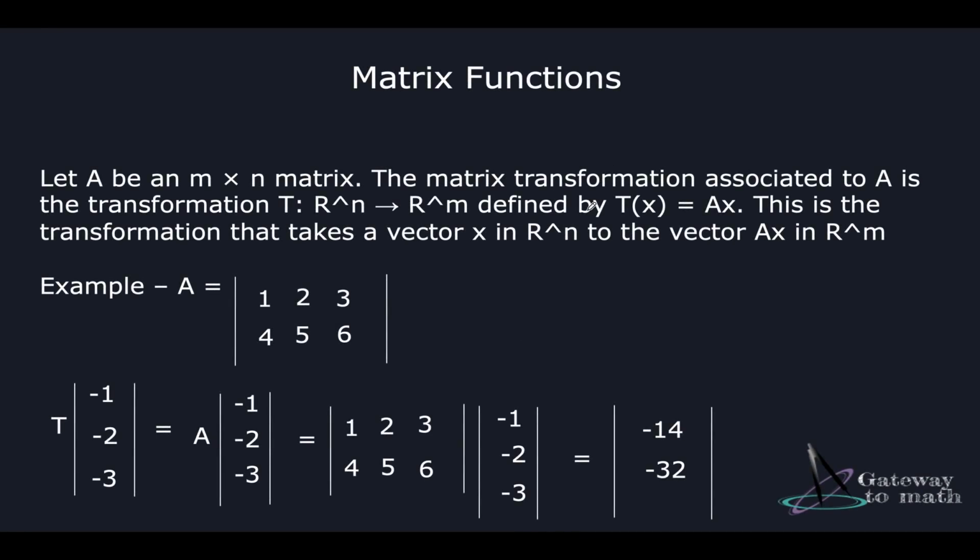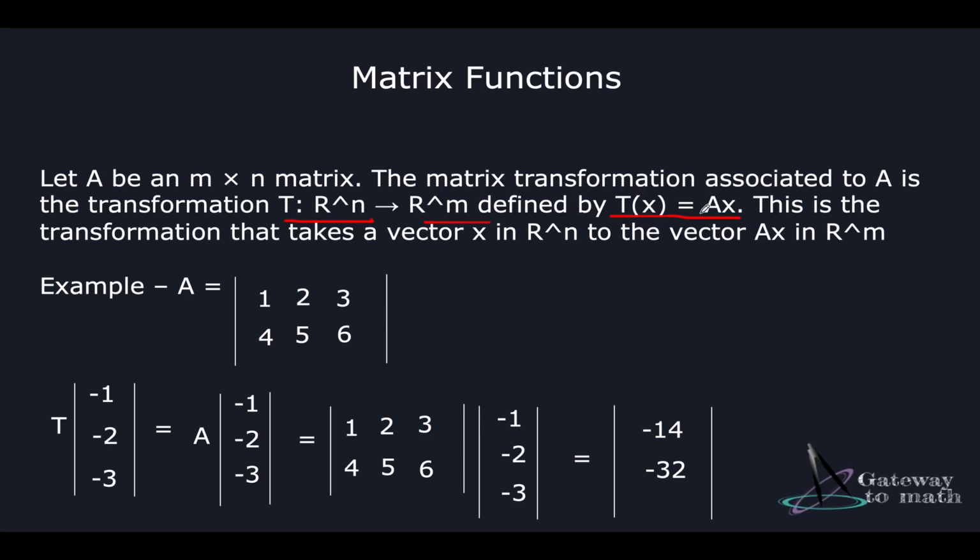So let us apply this understanding to matrices again. We have A as an m cross n matrix. The matrix transformation associated to A is a transformation from Rn to Rm, which is defined by T of x equals Ax.